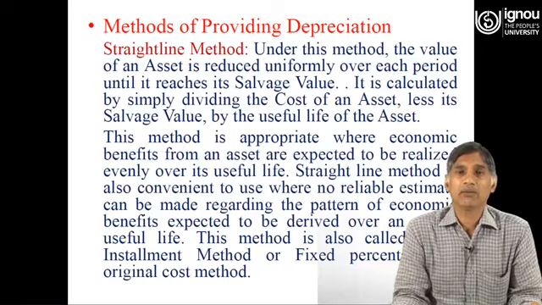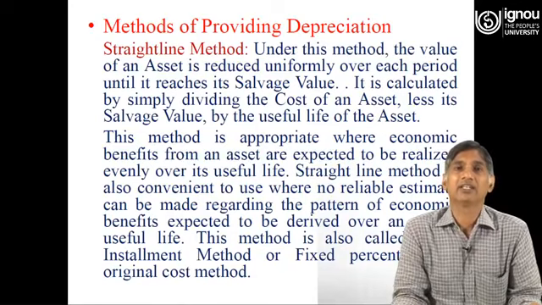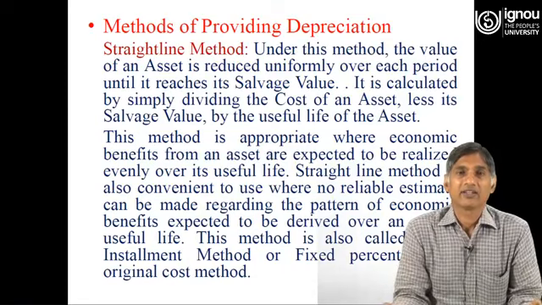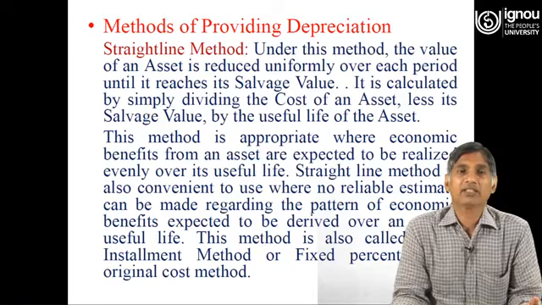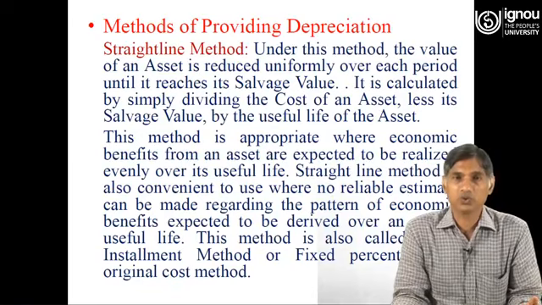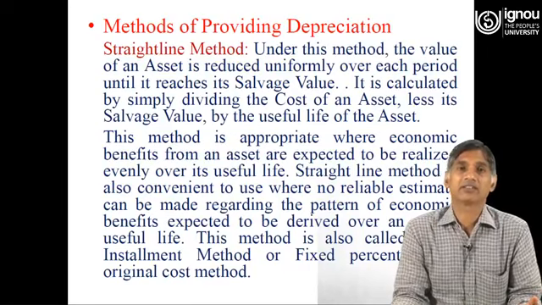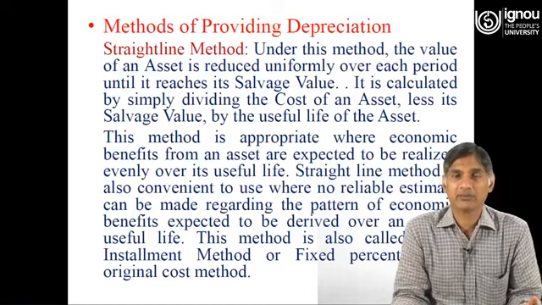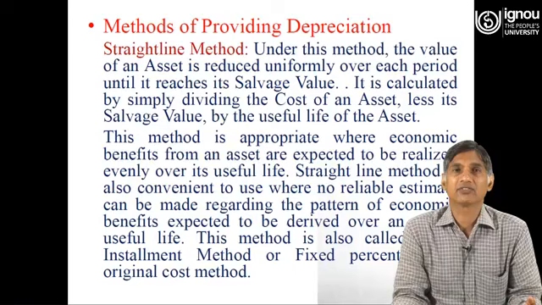This method is appropriate where economic benefits from an asset are expected to be realized evenly. Straight line method is also convenient to use where no reliable estimate can be made regarding the pattern of economic benefits expected to be derived over an asset's useful life.